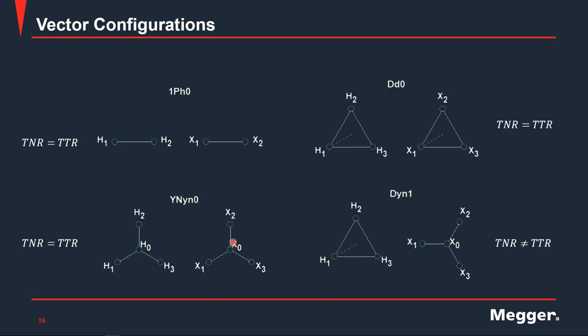But I just want to make sure we understand that the 30-degree phase shift in the question is for line-to-line phase difference, and what the TTR is calculating is from the A phase of the primary side to the A phase of the secondary side. So these are slightly different things.